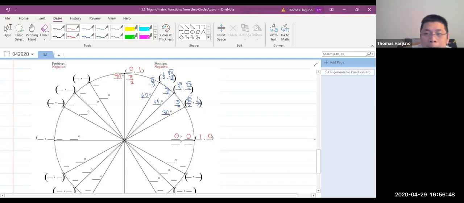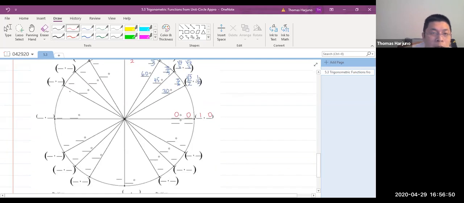Furthermore, for 180 degrees, that's pi in radians, the coordinate corresponding to that angle on the unit circle is (-1, 0), which means cosine pi is... from this picture, what will cosine pi be?